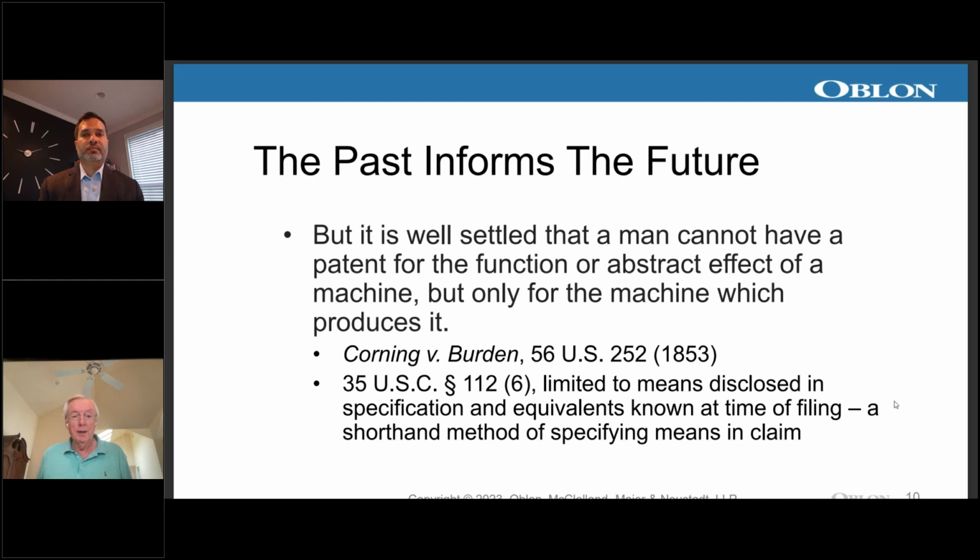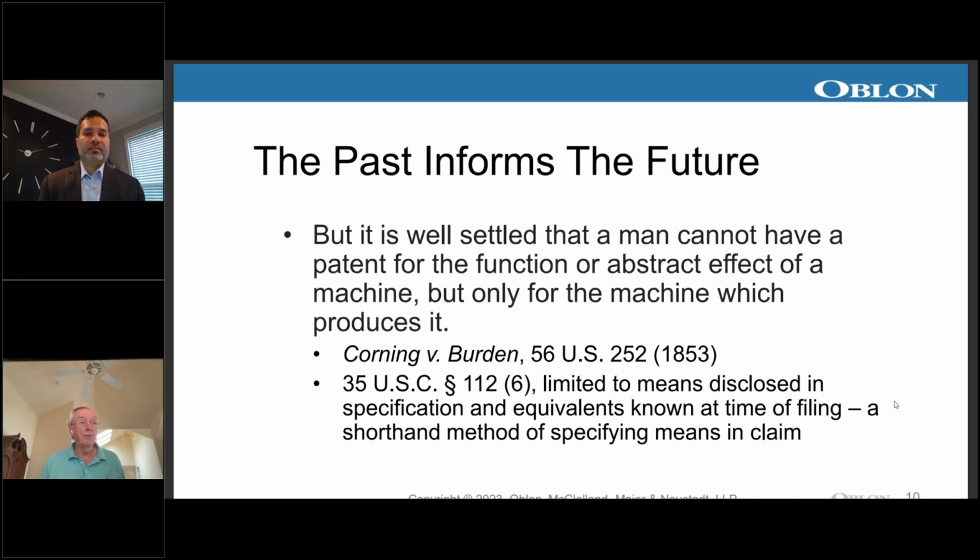Now, by 1853, we begin to see the Supreme Court weighing in by pointing out that you cannot have a patent for a function only, or an abstract effect, but only for the machine which produces it.